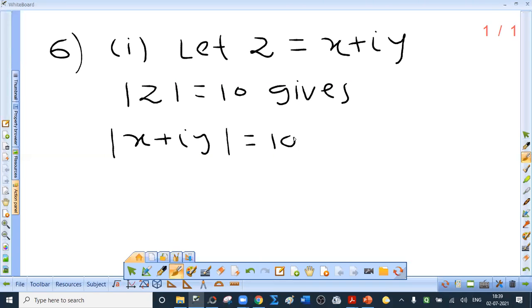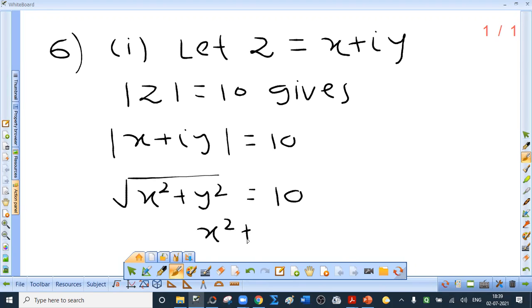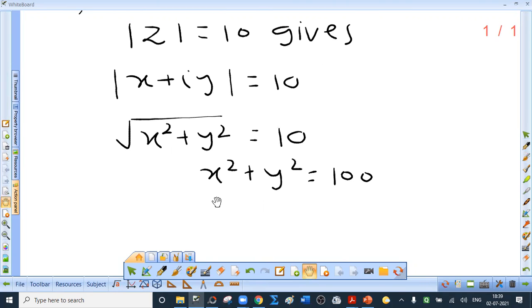Can you tell me modulus of x plus iy? Simple. It is just root of x square plus y square equal to 10. On squaring both sides, you get x square plus y square equal to 100. What does this equation represent? This represents a circle. Of course, you are not supposed to mention that. If you mention, it is well and good.